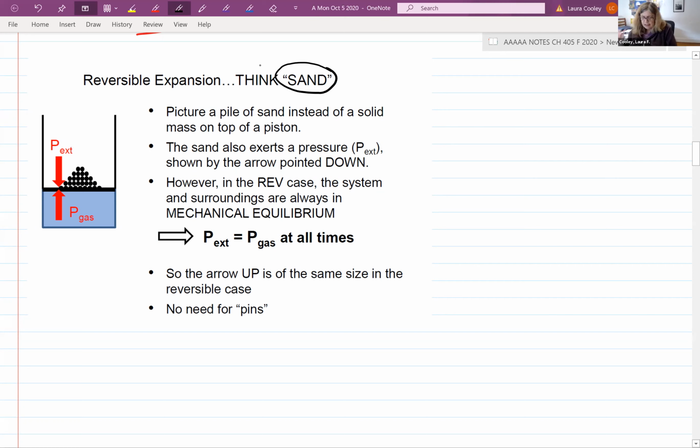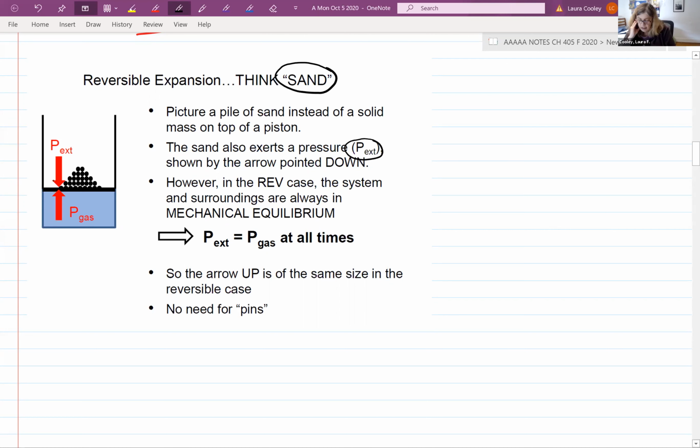Instead of having a block on top like we did before, where the block doesn't change its mass, it's just always that constant pressure, we have a pile of sand, and the sand exerts a pressure. We call that P external, just to show here with the red arrow pointing down. But in this case, the system and the surroundings always have the same pressure.